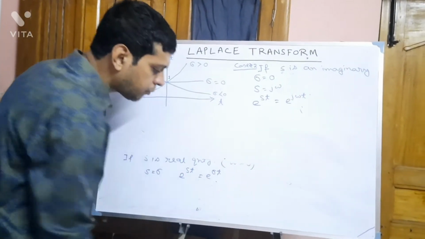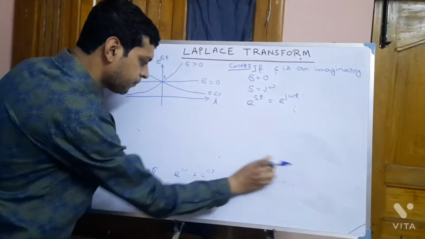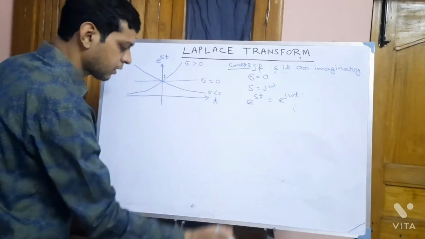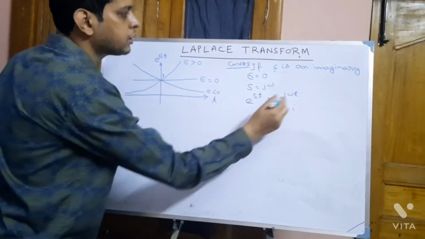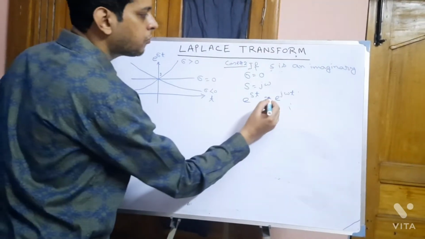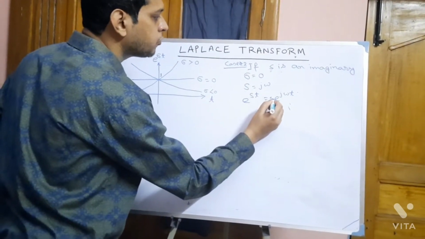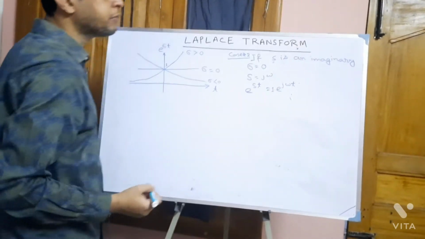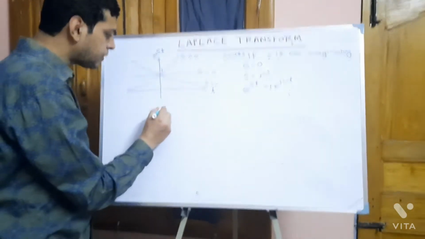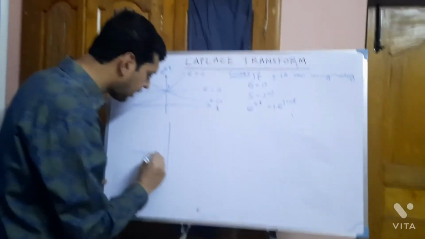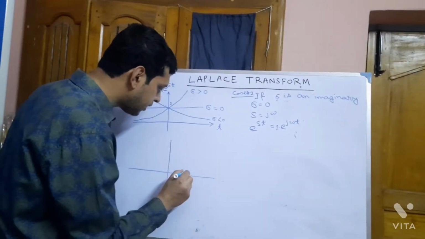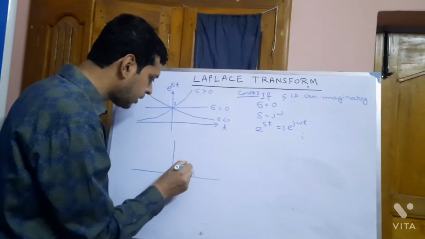The graph of e to the power j omega t is a circle of radius 1. e to the power j omega t is equal to 1 into e to the power j omega t, so it is a circle of radius 1.